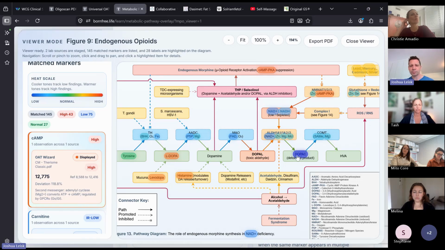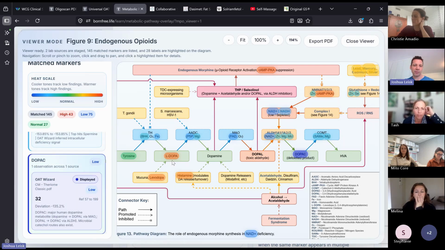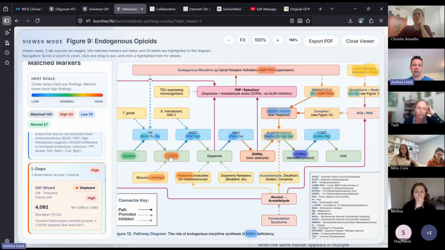It's a critical piece. One of the things in the data though that you might see, so this particular patient, it doesn't actually look like the microbiome is a big factor. The cAMP-PKA is actually elevated at this point, but we can still see that there is a deficiency in DOPAC, despite the fact that we actually have elevated L-DOPA in this particular test. So the data on this is pretty good.